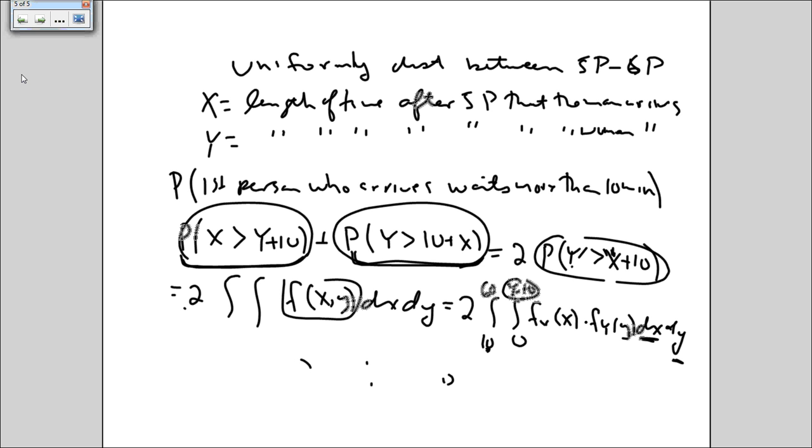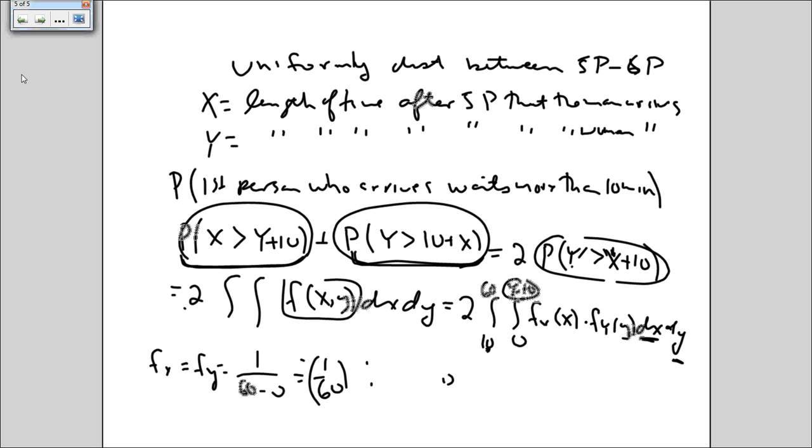And now we need to talk about what fx and fy is. Since they're uniformly distributed, any given time is 1 over 60, because it's 1 over the end minus the beginning. They each can come within 60 minutes. This is fx, which is the same as fy.